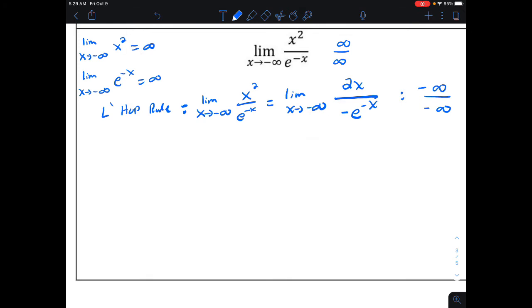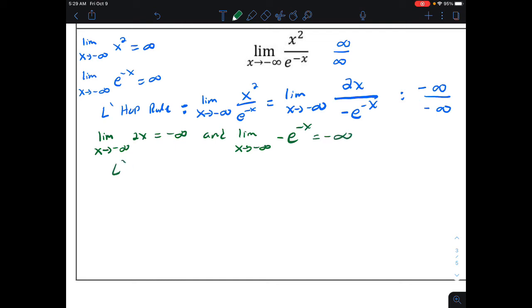Now, if I went to do L'Hopital's rule again, I have to state my limits again. So the limit as x approaches negative infinity of 2x is equal to negative infinity, and the limit as x approaches negative infinity of negative 1 times e to the negative x is equal to negative infinity.